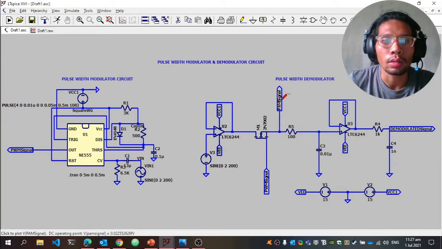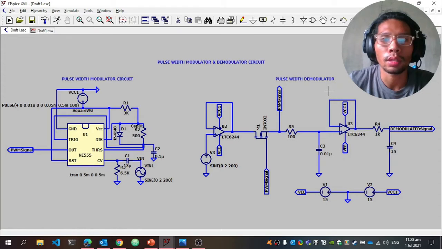So what we did is input this pulse width modulated signal into the sample and hold circuit and the comparator. Then it will be extracted as the pump signal.